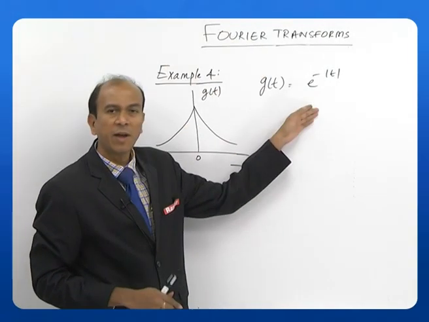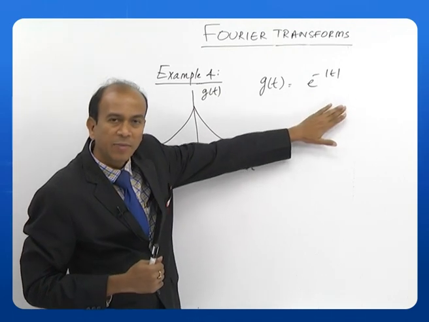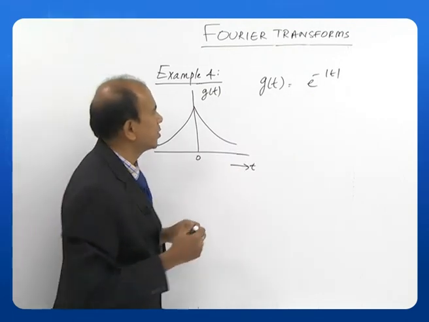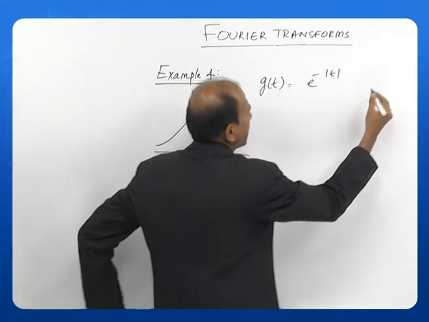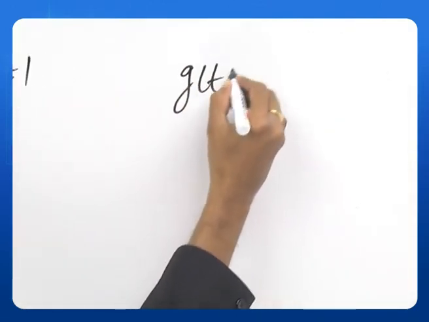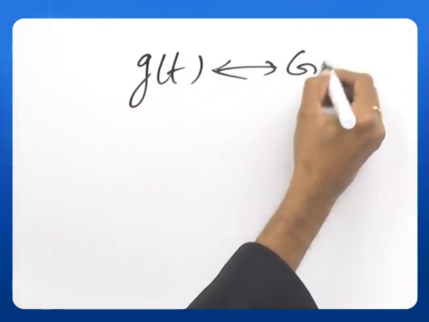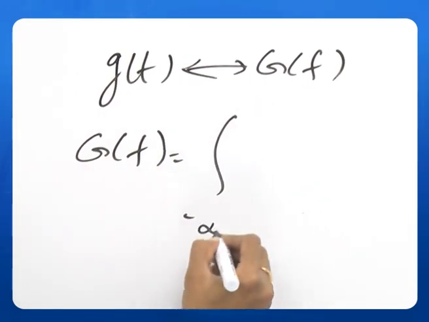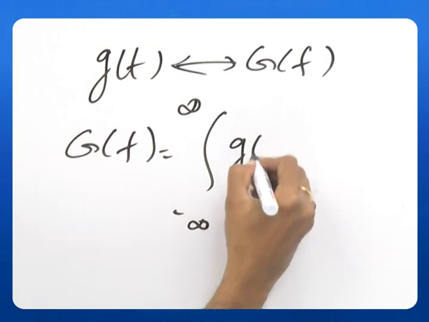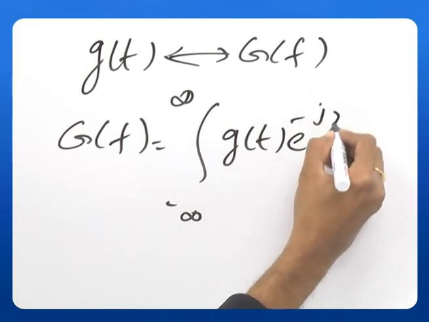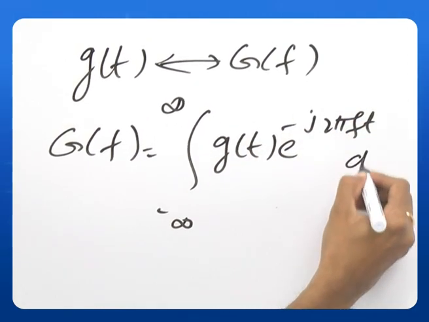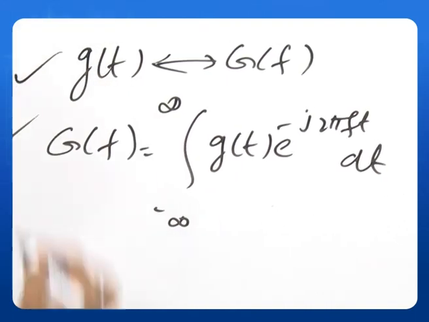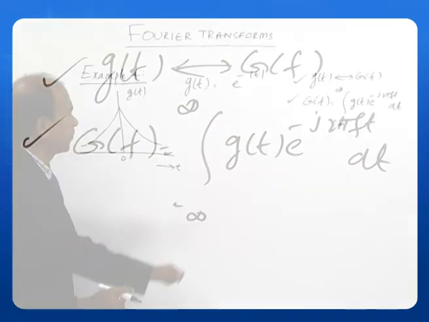So, this is where we have to calculate the Fourier transform. So, as usual, let us say the Fourier transform of g of t is g of f, and g of f is given by this formula. Okay. These two are known to us.